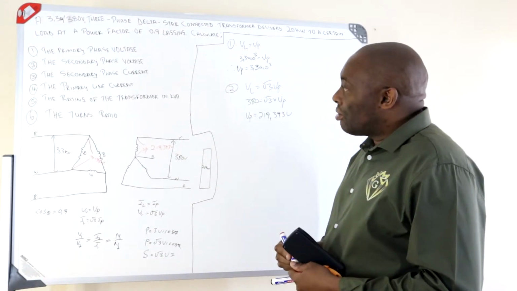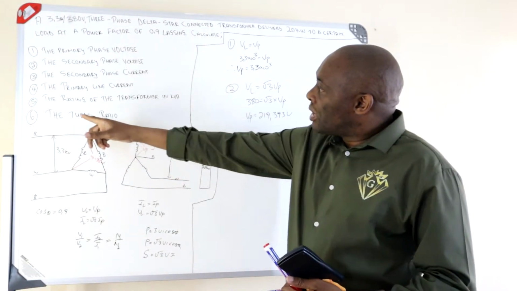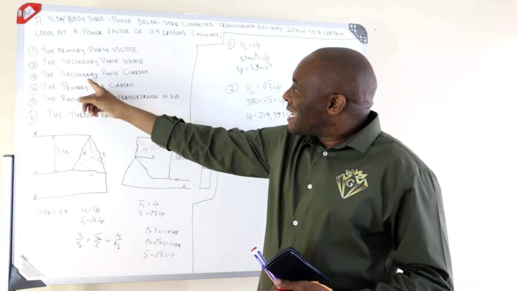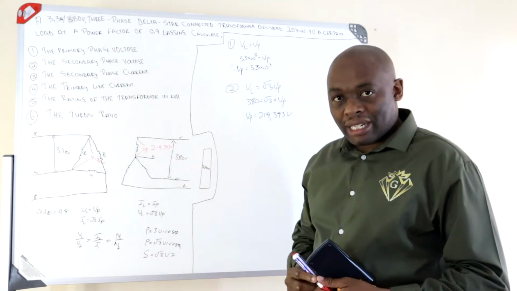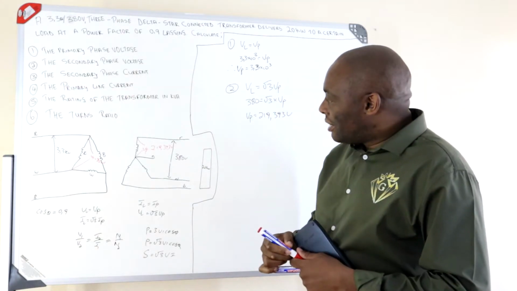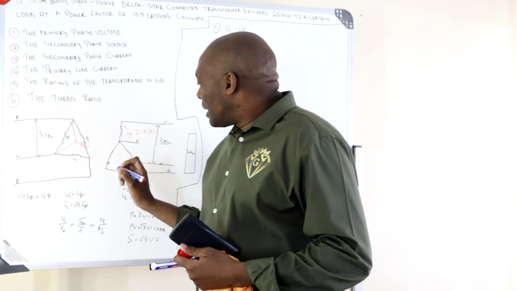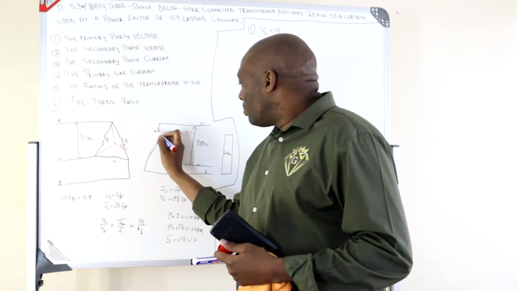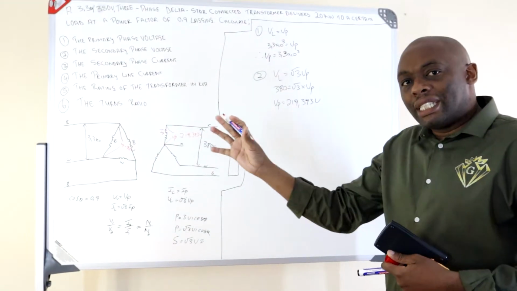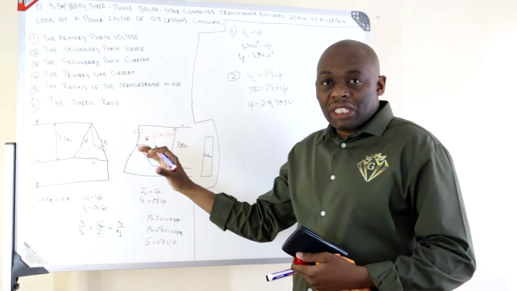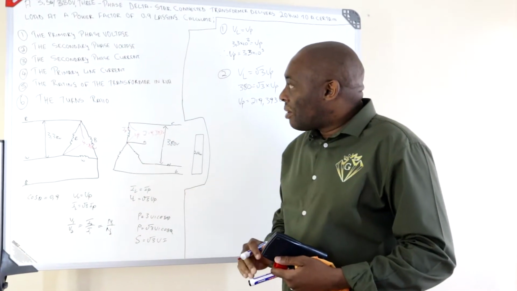Now we will need to go to question number 3. Question number 3 says that the secondary phase current is what you are looking for. So they are looking for this current that is flowing through our phase in the secondary side, which in this case is our delta.